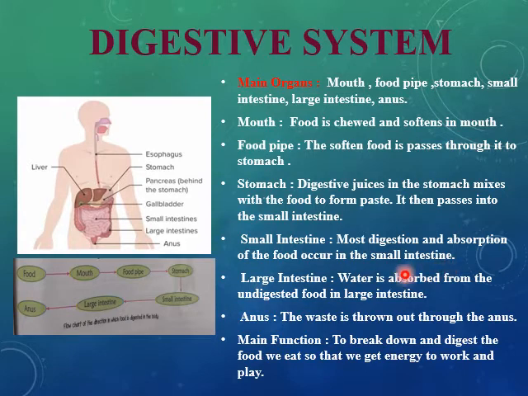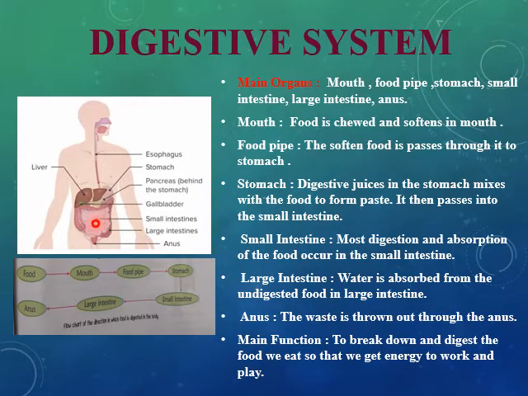Then the next organ is the large intestine. Water is absorbed from the undigested food in the large intestine. As I said, the process of digestion is completed in the small intestine.